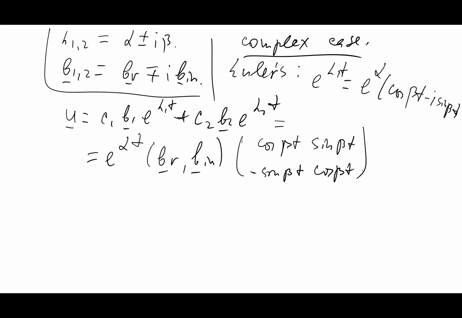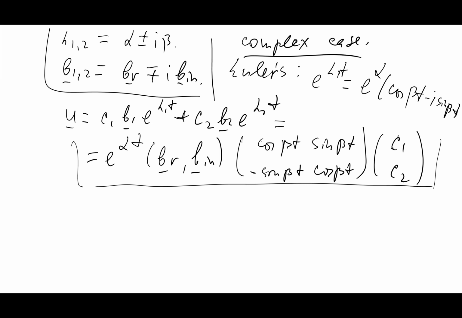So you don't need to remember maybe this formula, and here will be C1, C2. So this is at least the real part of the solution when the eigensolution is complex, it can be represented like this.